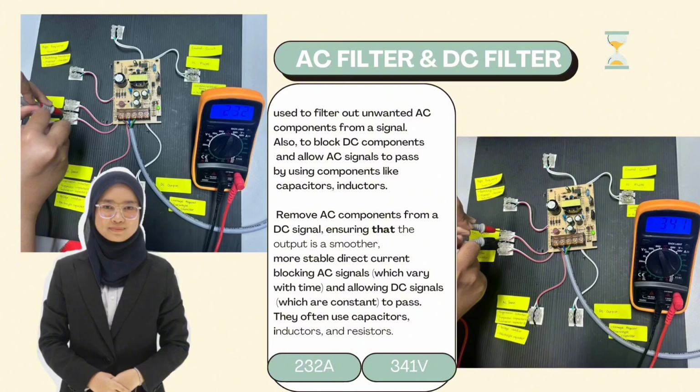While DC filter removes AC components or noise from a DC signal, ensuring that the output is a smoother, more stable direct current, blocking the AC signal and allowing the DC signal, which is constant, to pass. They often use a capacitor, inductor and resistor.